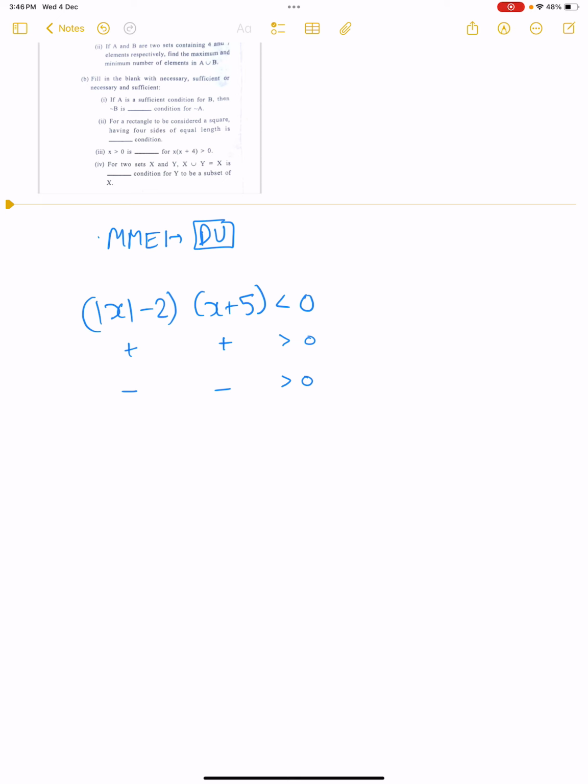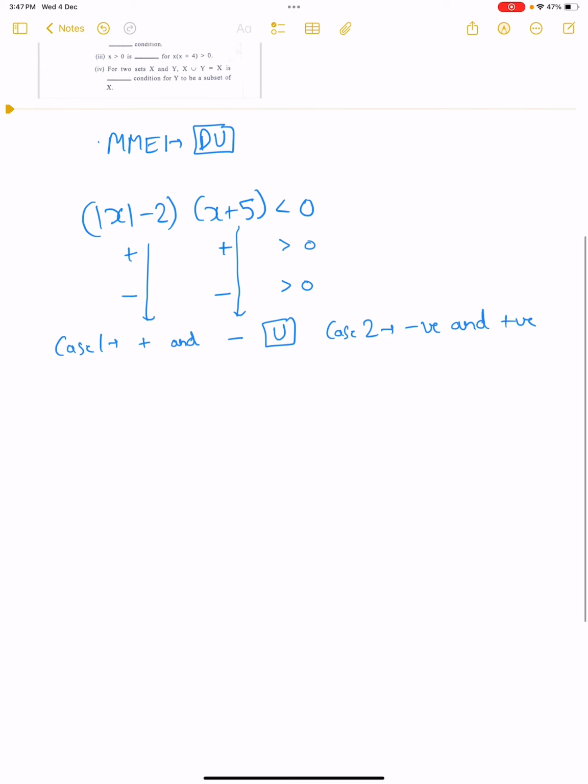So we'll remove these cases and we'll focus on two cases. Case 1, where the first element is positive and the second element is negative. And case 2, where the first element is negative and the second element is positive. So the final answer would be a union of both of them.